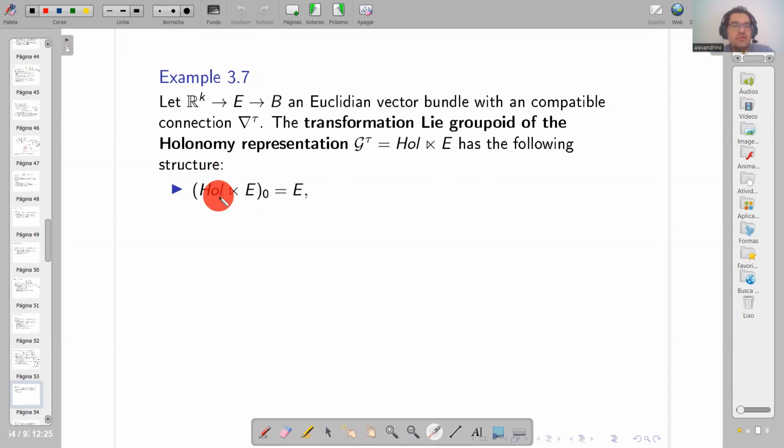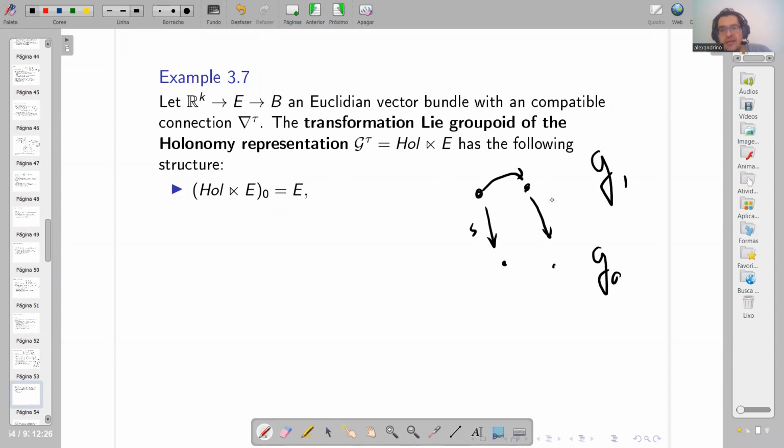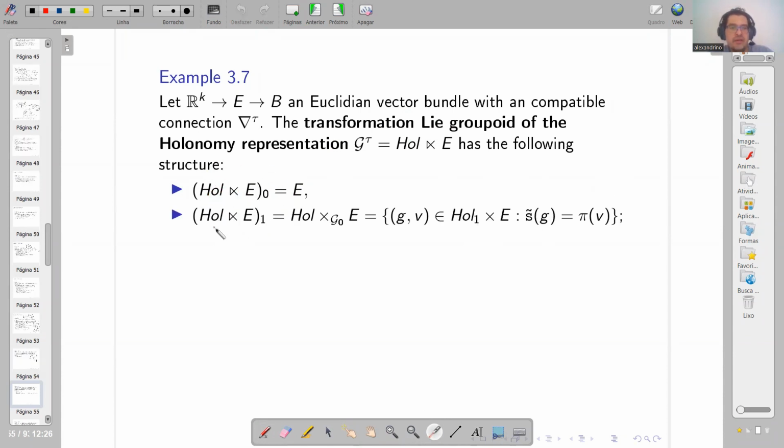Again, as always, we need a space that represents, so if a groupoid is G1, the arrow space, and there are the points, the G0 space. Source represents the start point of your arrow. Target represents the end point of your arrow. So this will be the points, the object manifold. This here will be the arrow space.